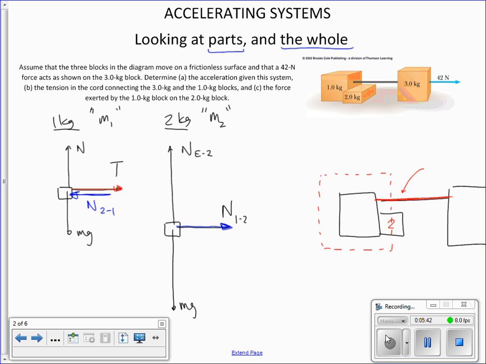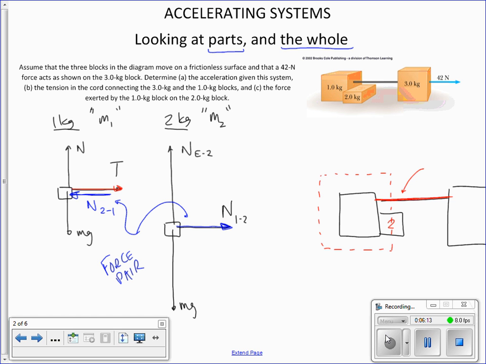These are what we call a force pair. Force pairs are the same type of force that two objects exert on each other. Newton's third law says those two forces have to be exactly the same size and point in opposite directions. I didn't do a great job of making them exactly the same size. Shame on me.